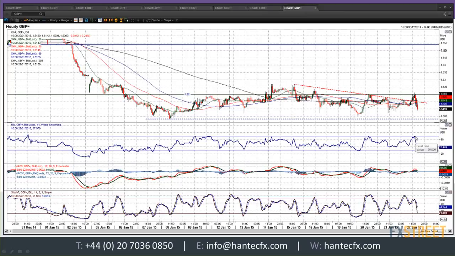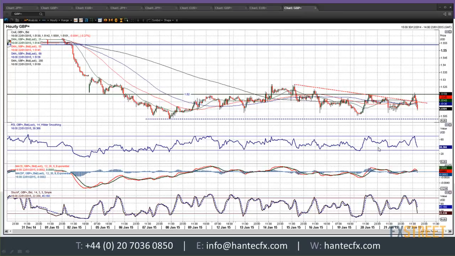And again, yes, today it's worked bang on, and I'm really happy about that, because I've been talking about this for the last few days now. Every time it gets to 70, you can sell it. Every time it gets towards 30, you can buy it. And you can do really short-term intraday trades on cable using this hourly technique.